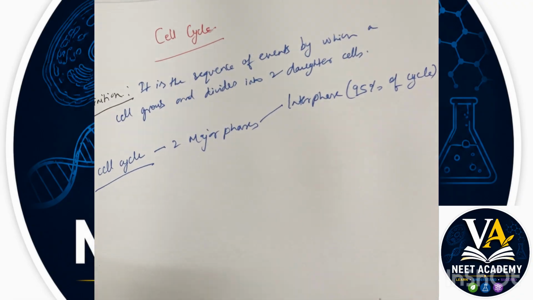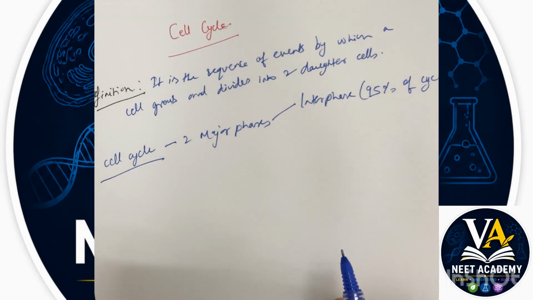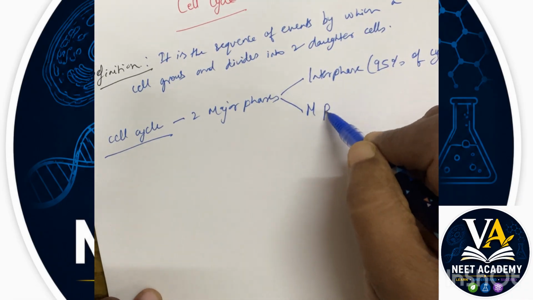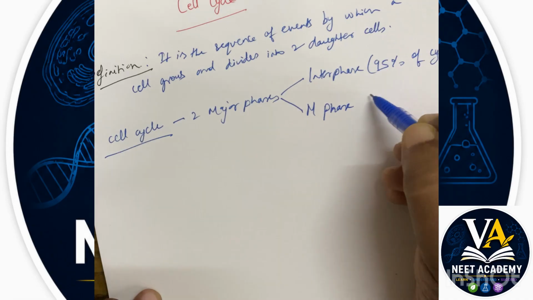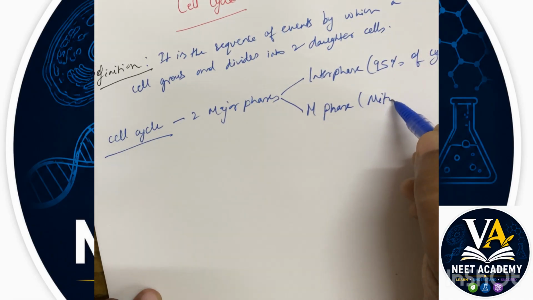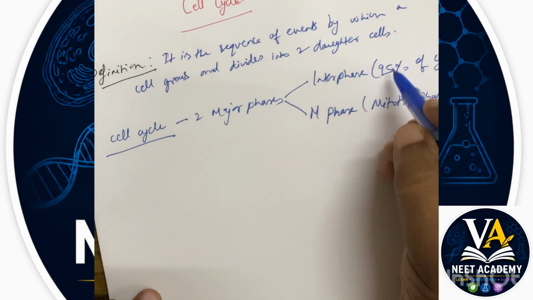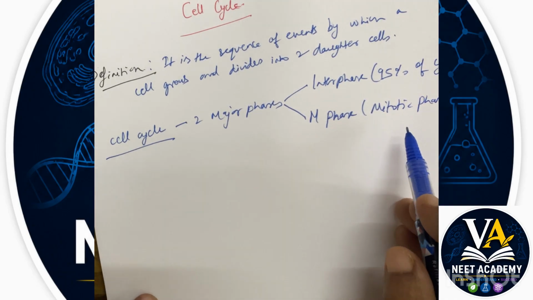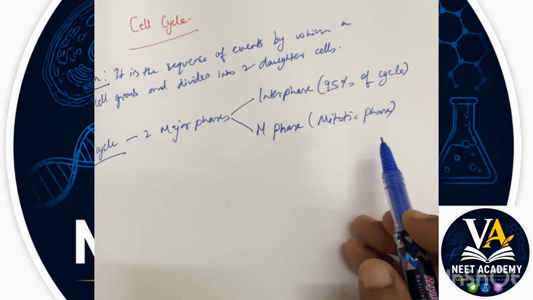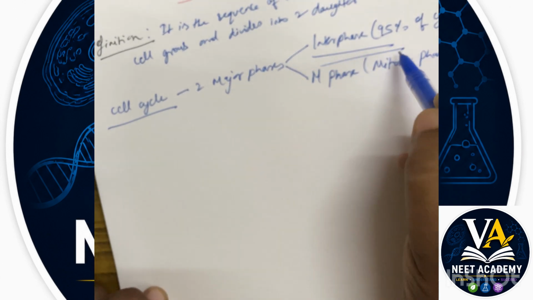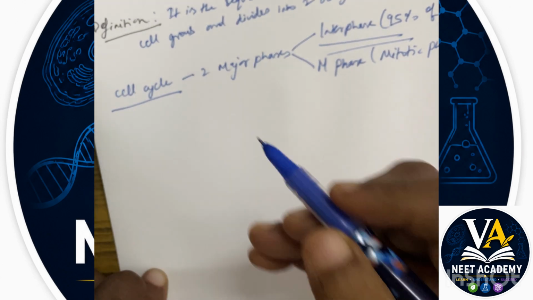The second phase is M phase, which is also called the mitotic phase. So obviously if interphase is 95%, M phase makes up about 5% of the cell cycle. So let us first see what interphase is.